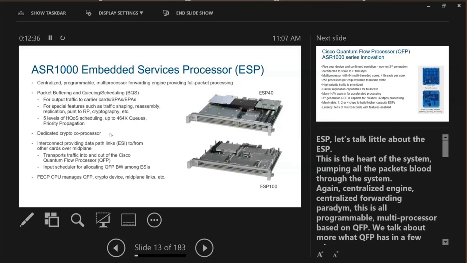Sir, can you repeat that one once more? Sure. So the architecture on these devices is segregated, right? Control and data plane. So say you are pinging an ASR 1K device. Say we have a loopback or an interface IP, say 10.0.0.1. You ping that IP from a connected device. You receive that packet on the Ethernet card, the line card.